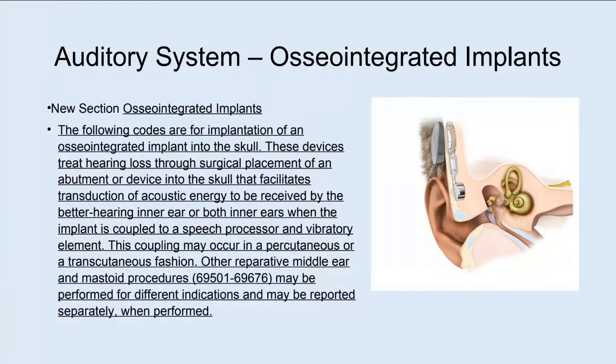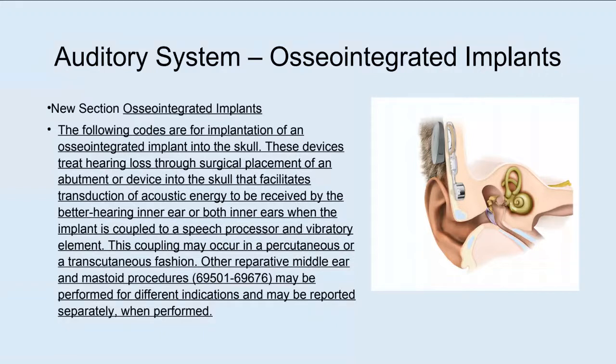So a new section in the auditory system for osseointegrated implants. These codes are for implantation of an osseointegrated implant into the skull. These devices treat hearing loss through surgical placement of an abutment or device into the skull that facilitates transduction of acoustic energy to be received by the better hearing inner ear or both inner ears when the implant is coupled to a speech processor and vibratory element.